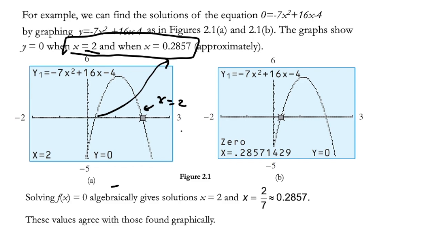It has two graphs because it just shows you two different x values, but actually we can combine it into one graph like what I did just now. When y is 0, because y is equivalent to f(x), it gives a solution of two x values: x equals 2 and x equals 2 over 7, or 0.2857.